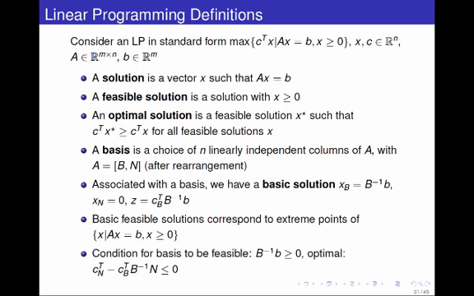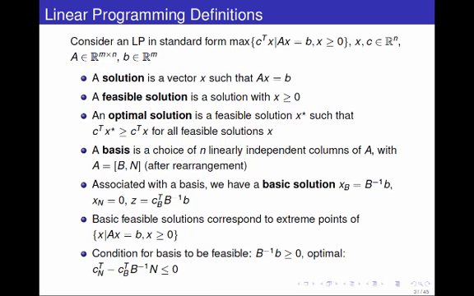So what we have from there, and I'm not sure if you can even see it at all, is B x_B plus N x_N equals b. So I'm going to write x_B as B inverse times (b minus N x_N).